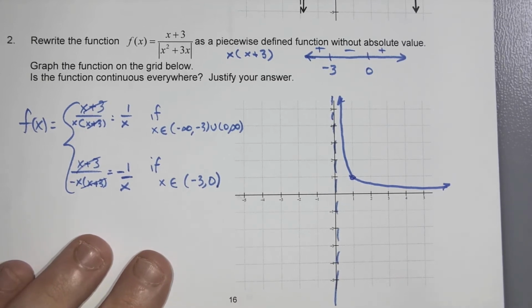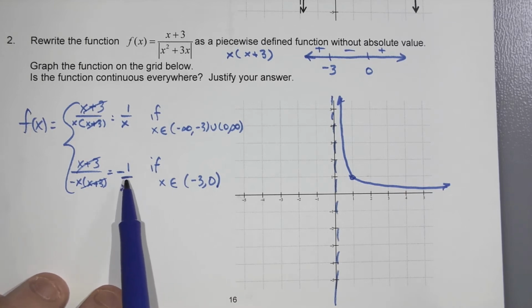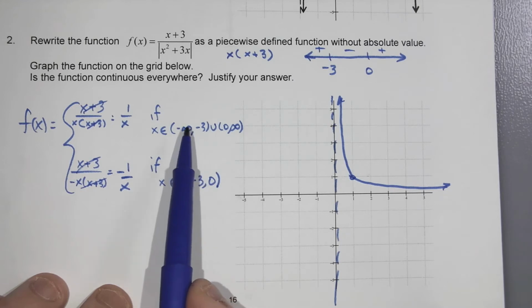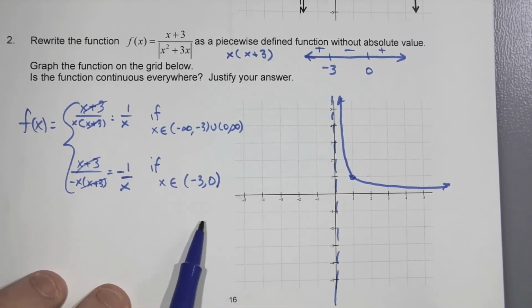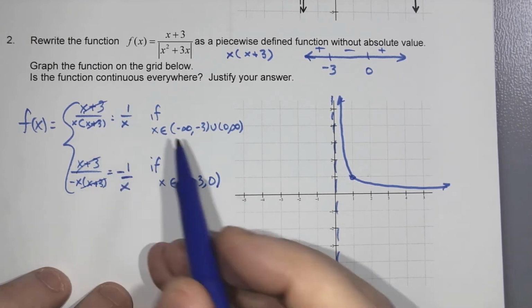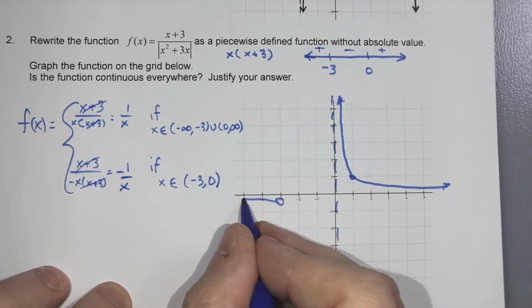The reciprocal graph. Furthermore, if you happen to be in the interval from negative infinity to negative 3, you also equal 1 over x. So it would be on this part, but only up to negative 3. So if I plug negative 3 in, I get negative 1/3.